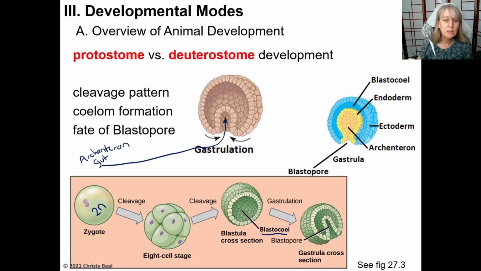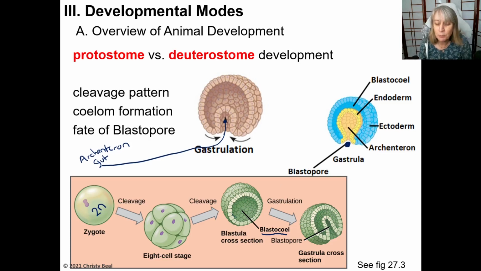When we talk about this process, this can happen in 2 different ways. We can fold in at this folding in moment and form the mouth, or we can fold in at this folding in moment and form the anus. We're going to create the digestive tract.